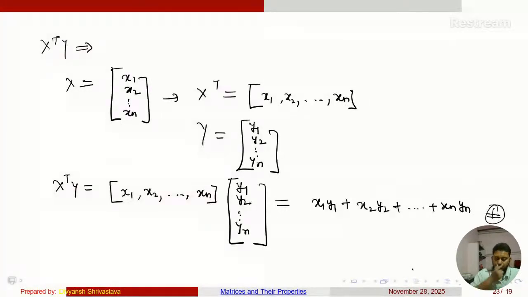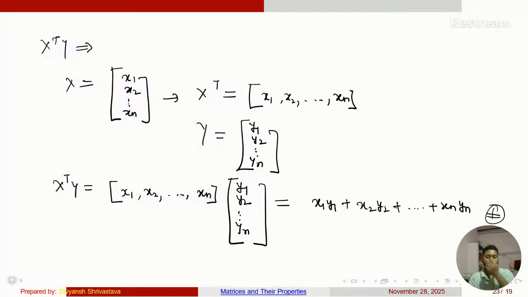Now these are problems which are basically asked in our exam. So to understand the transpose or anything else, first of all you should study in your basic manner.